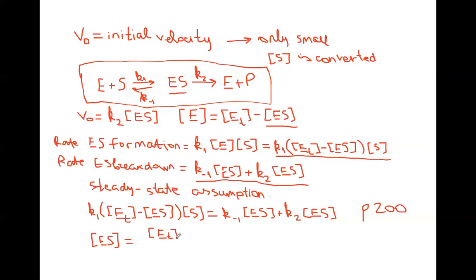Again, the enzyme total is the total amount of the enzyme present in the reaction mixture, which means the enzyme bound to the substrate plus the free enzyme, times substrate concentration. And the idea was also not only to solve it for the enzyme substrate complex, but also combine all the rate constants together, because these will obviously not change.